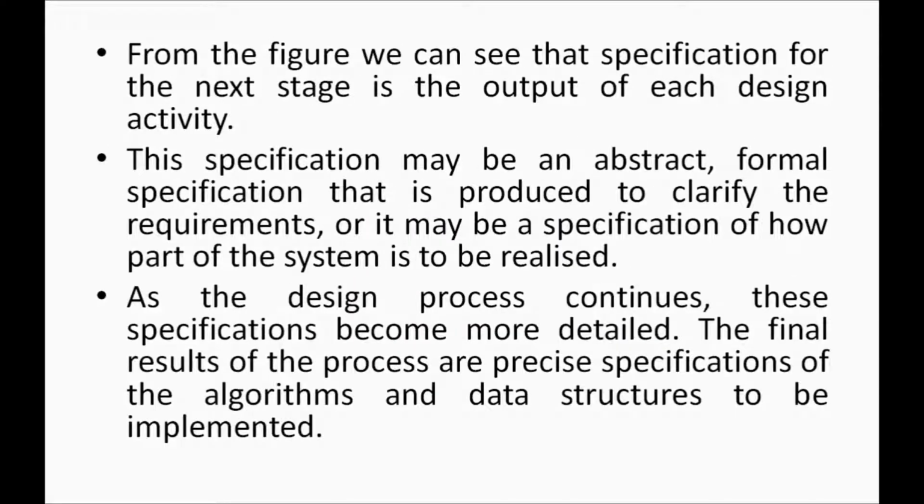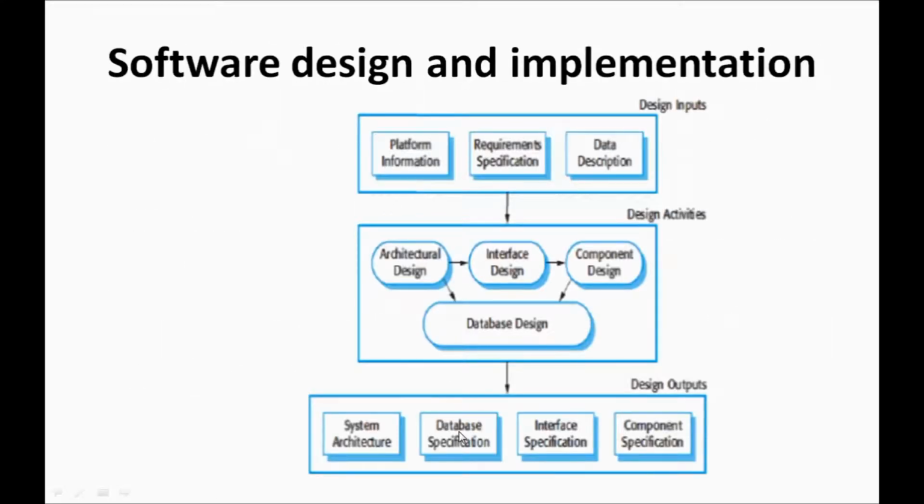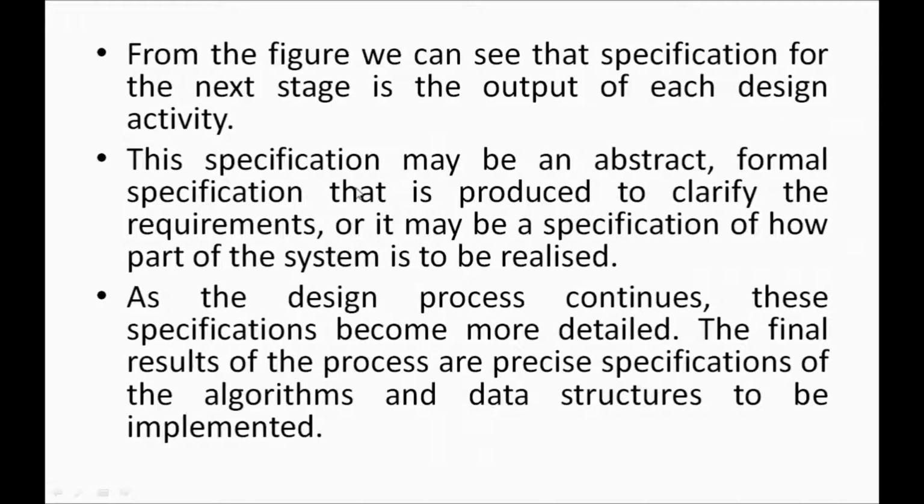Next, from the figure we can see that the specification for the next stage is the output of each design activity. I already told you, the specification for the next stage is the output of each design activity. Next, this specification may be an abstract formal specification that is produced to clarify the requirements. And one more important thing, whatever input you are taking for the design, that is the requirement specification, is complete, is formal, it's error free.